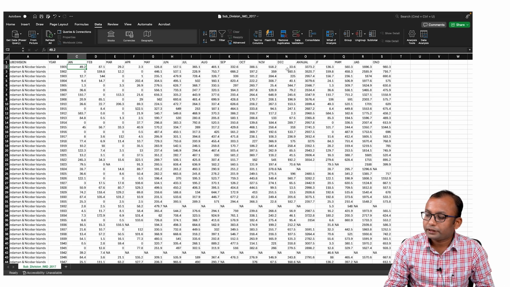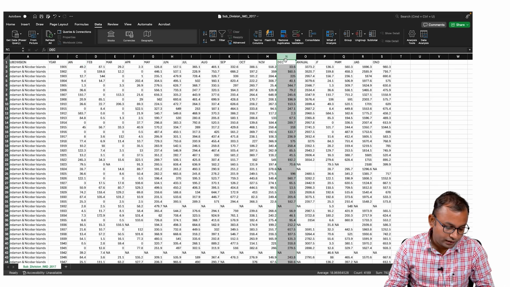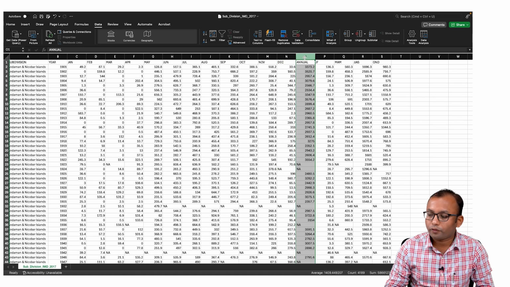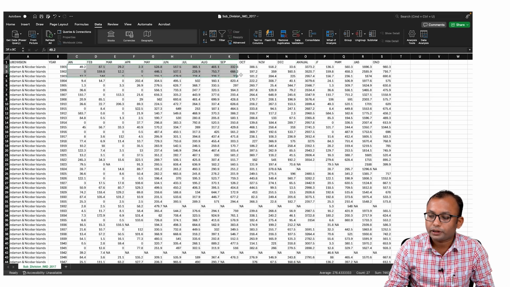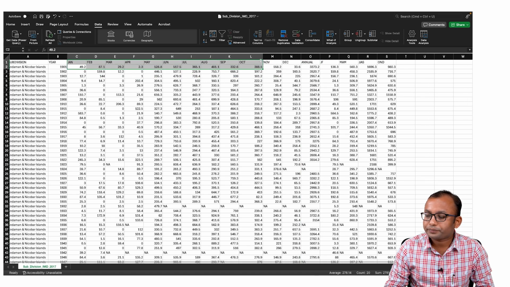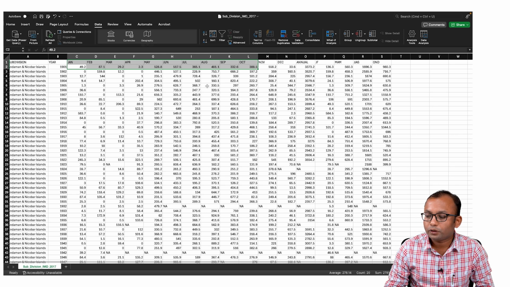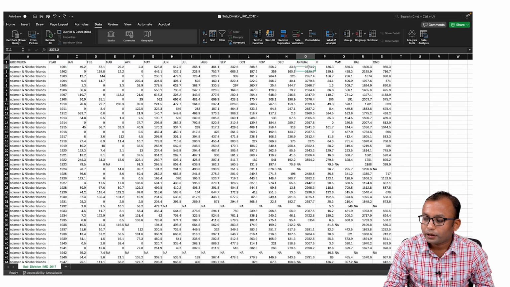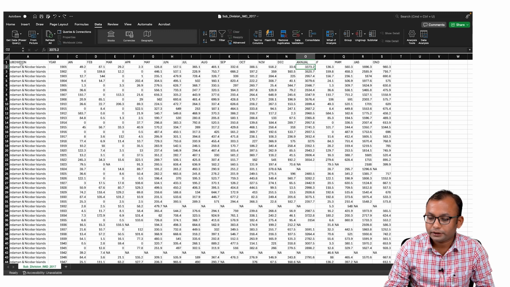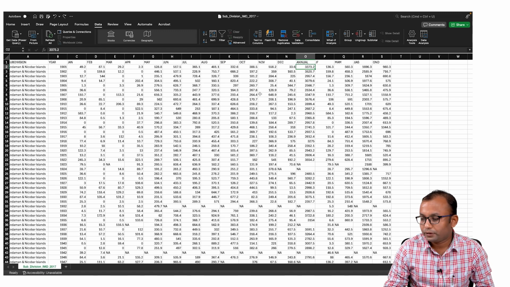After December you have another column called annual rainfall. Basically, when you add all these values together, you get the annual value for the individual region for each year.